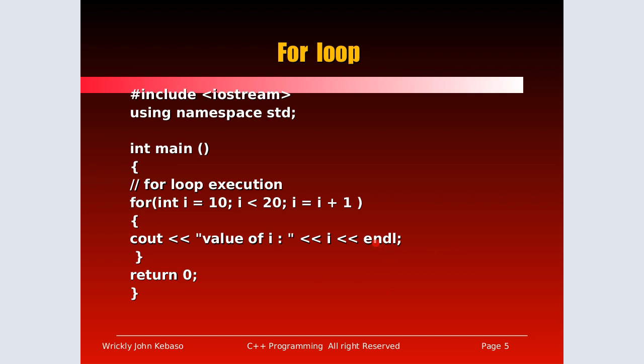So this is used to move the cursor downwards so that the numbers can be displayed vertically. Then after that, we close the body of the loop, and we are done with that particular loop.